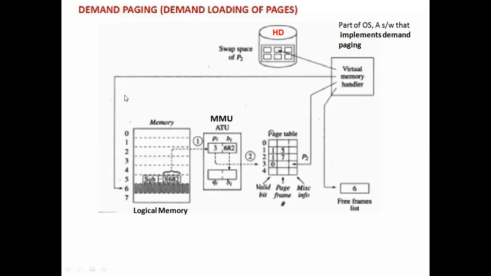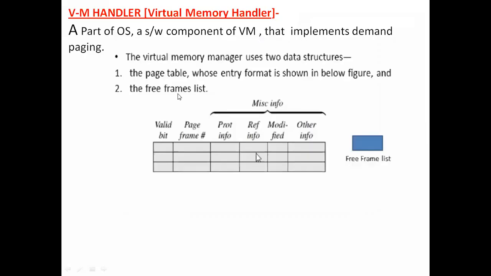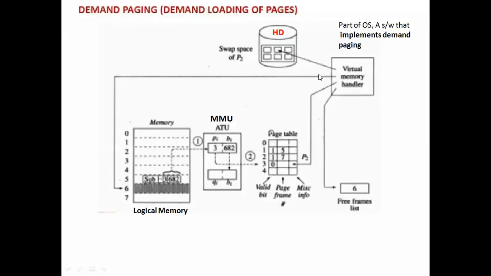So next is something called the virtual memory handler or virtual memory manager. What we had seen in the previous diagram is a part of the operating system, or a software which will be helping us in demand paging. This virtual memory handler will be taking care of the replacement of the pages.